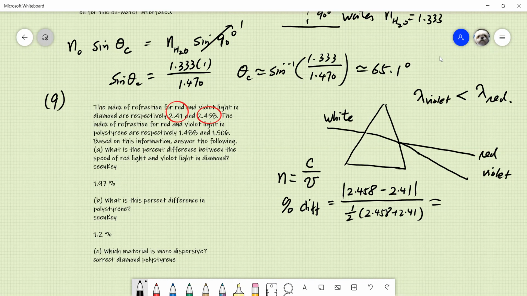So I'm going to subtract 2.458 minus 2.41, divided by that. You get approximately 1.97%, and then you have to multiply by 100%. That will be approximately 1.97%.